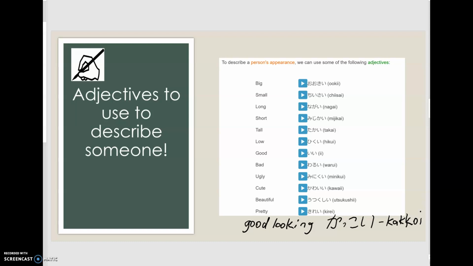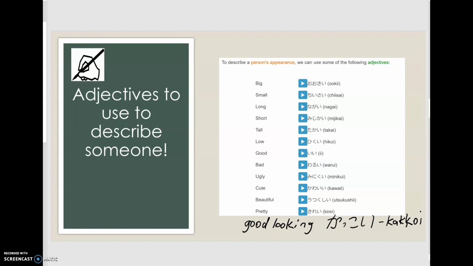Next slide, minasan. Some more adjectives to describe appearance. So we use some of these to describe animals. For some of you, you should know these already. And there's a few others that we can use. So minasan, obviously big, oki, small, chisai, long, nagai we've used, short, mijikai.